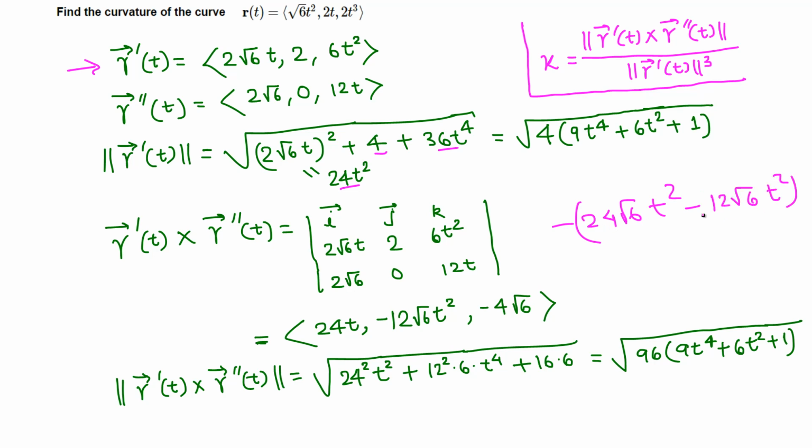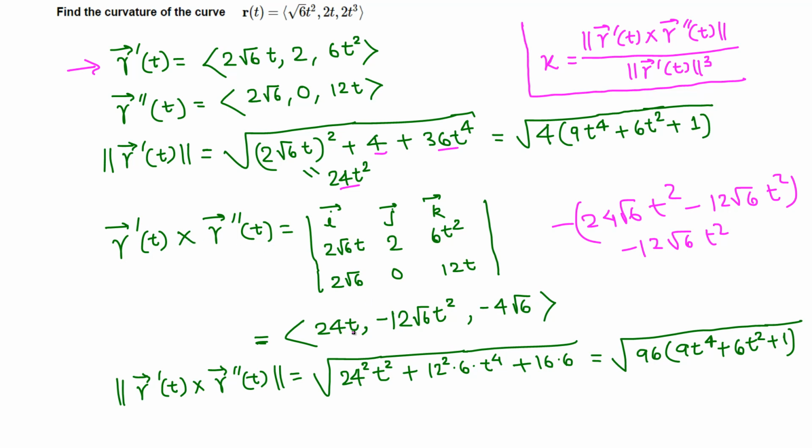Okay, 24 root 6 minus 12 root 6 is 12 root 6 t squared, and negative. That goes in the middle. For k, we don't write the unit vectors anymore since we are using component form. For k, this is 0, so minus 2 times 2 root 6, 4 root 6. So this is the vector r prime cross r double prime.